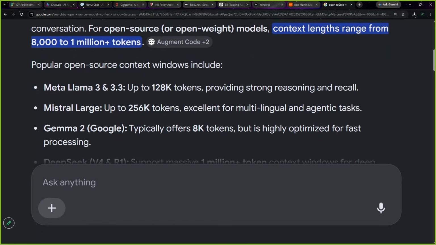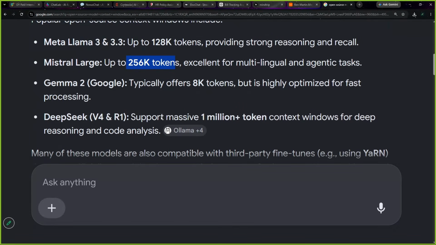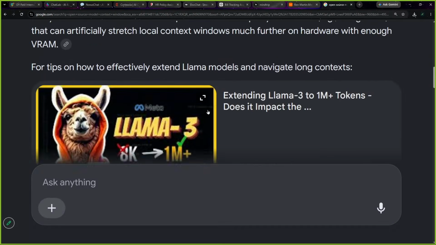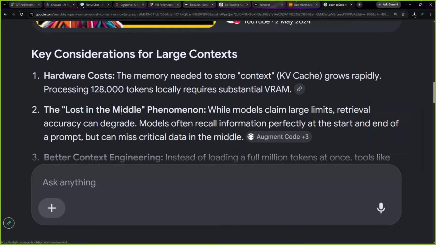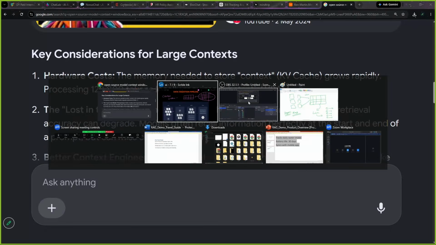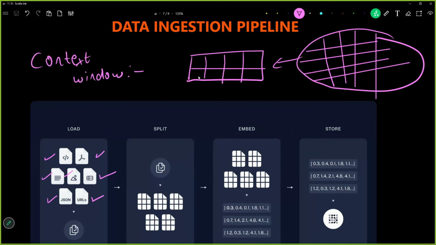This is the actual response. Gemini was taking 1 lakh tokens. Others are taking 128k tokens, 256k tokens, right? Small tokens it is taking. Gemma 2, an open source model, is taking 8k tokens, right? So I hope we are understanding that there is a context window which a large language model can take in, right? And this is what we are talking about, context window.